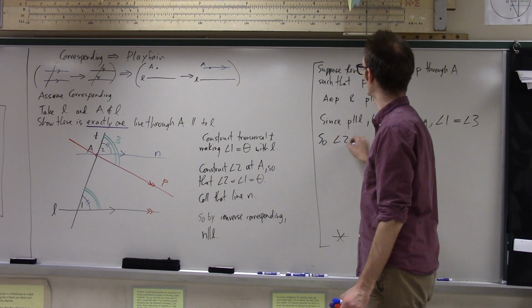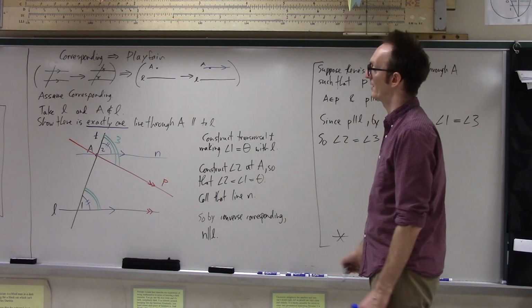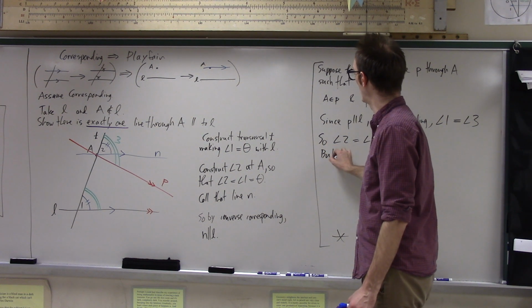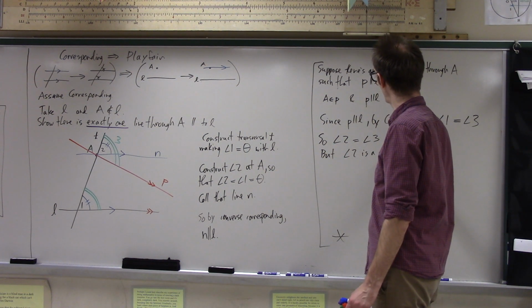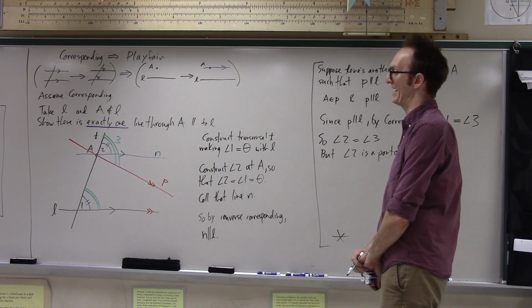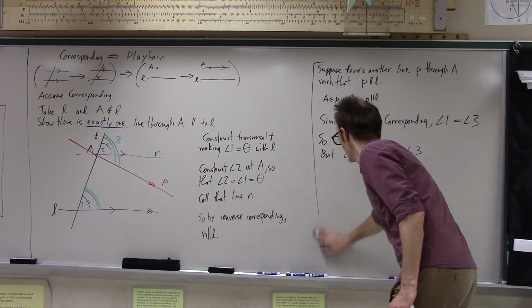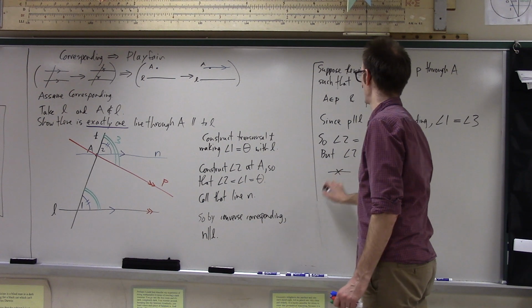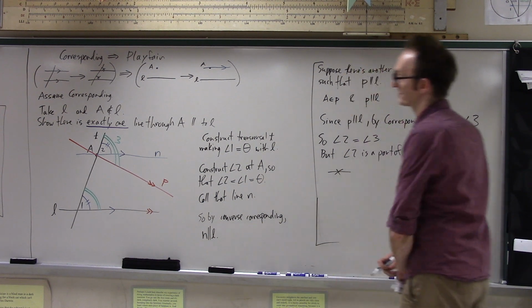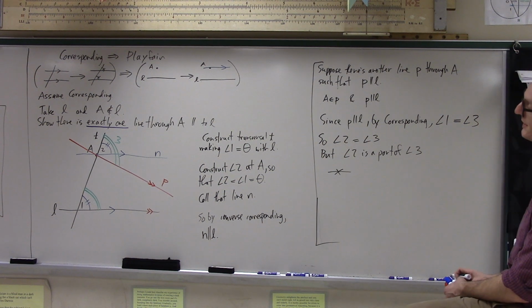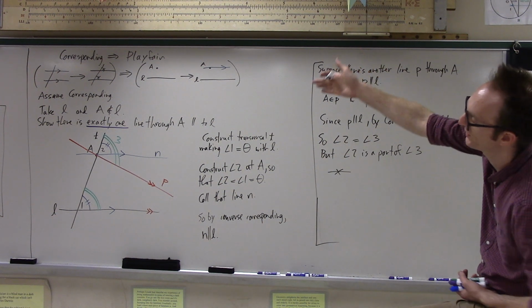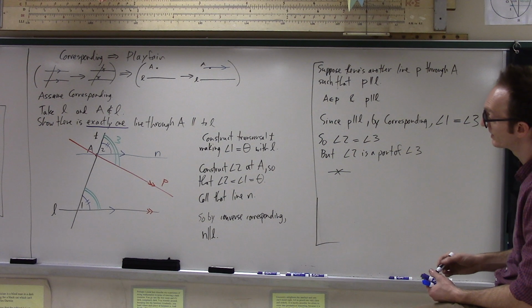So angle 2 equals angle 3. But angle 2 is a part of angle 3, and so we have a contradiction. The contradiction is the whole is greater than the part, and so that's really just it. There can't be this other line because by applying corresponding to it, we see that we have a contradiction.